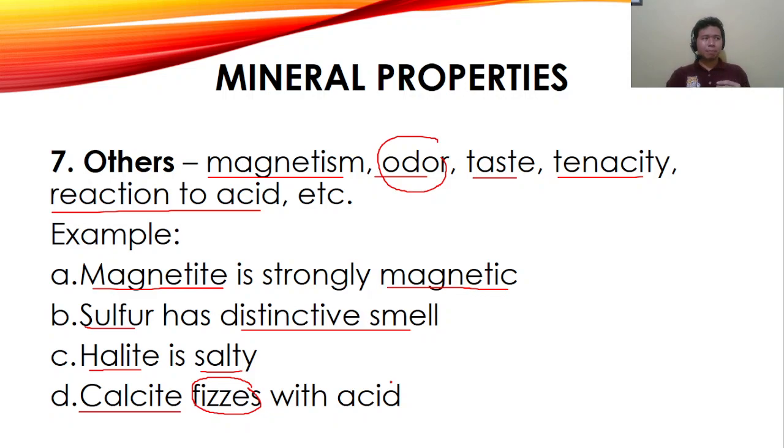For example, calcium carbonate being placed in Coke. Mentos has properties similar to calcium carbonate, meaning it is basic, while Coke is acidic. So when you mix a basic substance with an acidic substance, it creates a fizzing sound.